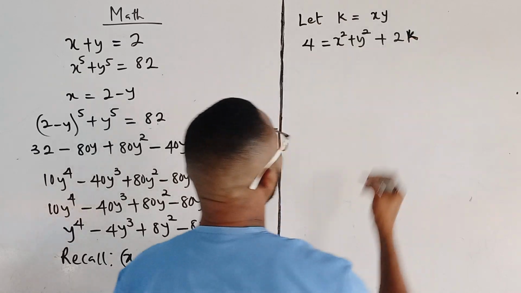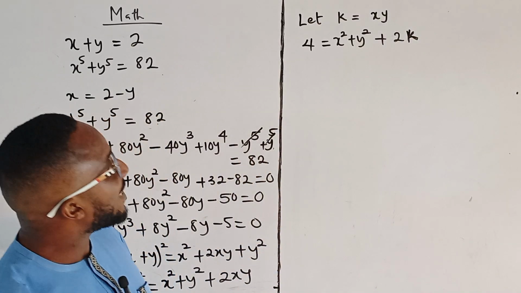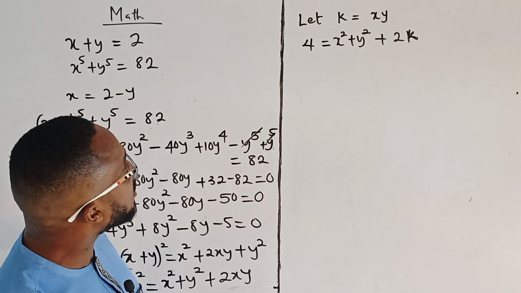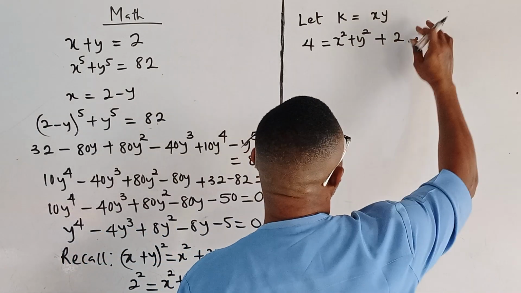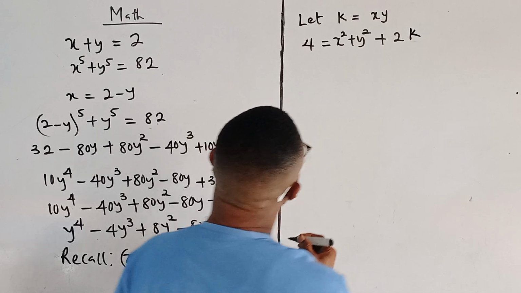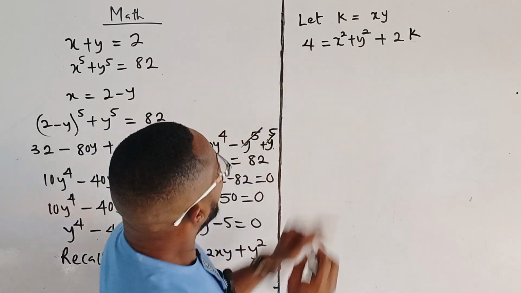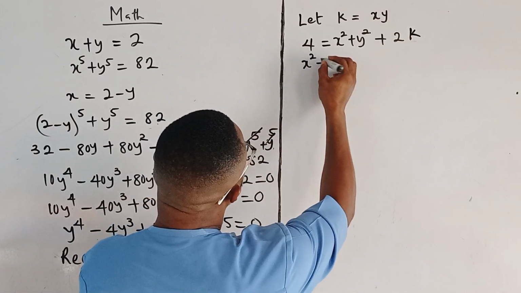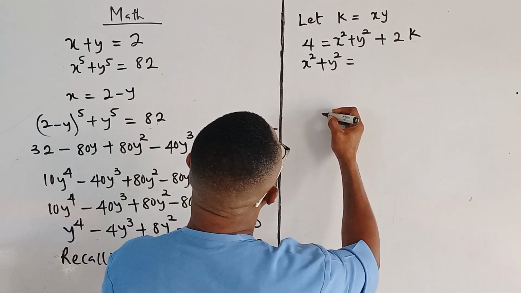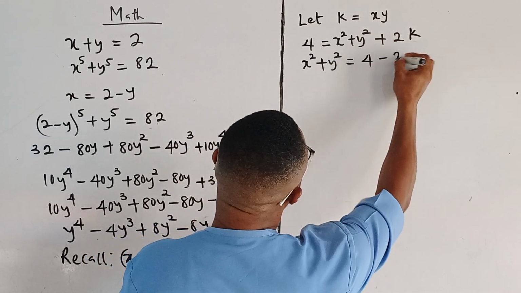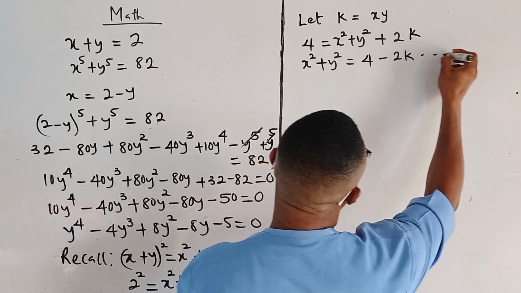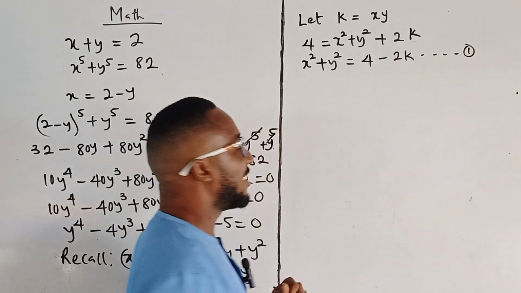If I isolate x squared and y squared, I get x squared plus y squared equals 4 minus 2k. I'll call this equation number 1.